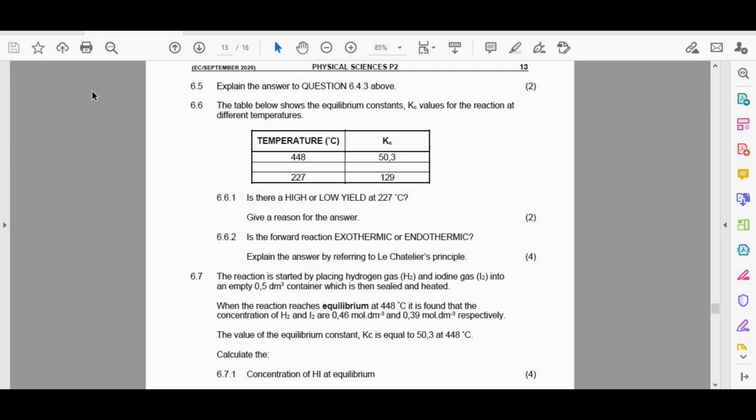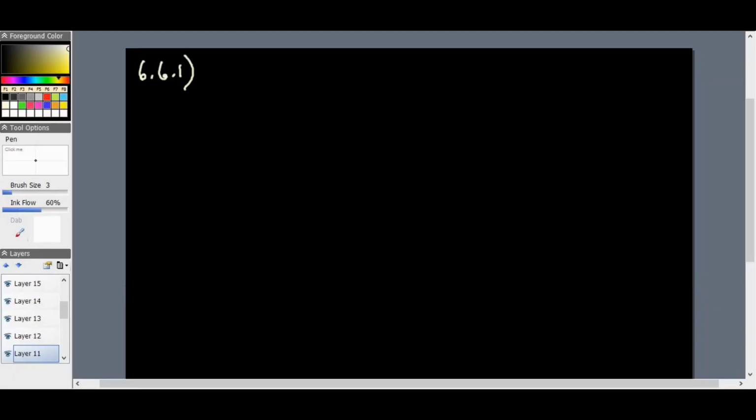Now 6.6.1 asked, is there a high or low yield at 227 degrees Celsius? Please give a reason for your answer. Was it a low yield or a high yield? High, indeed it was.